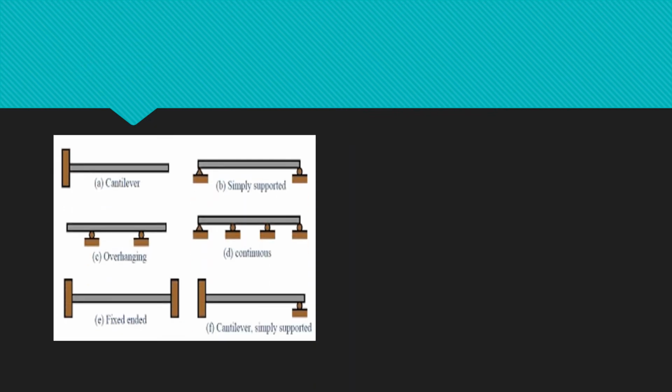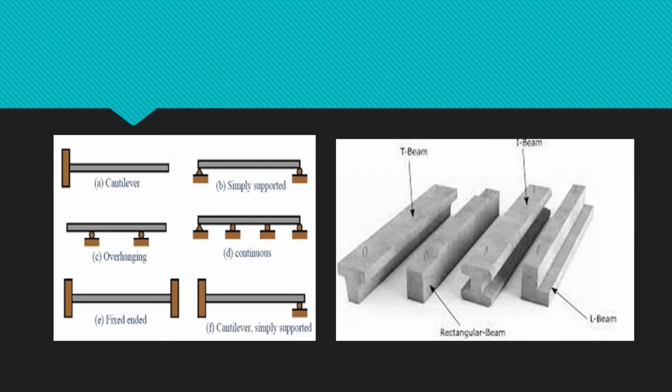A beam can be classified according to the location of support and its shape. First is the cantilever beam. A cantilever beam is supported only at one side. So here it is. Next is simply supported.